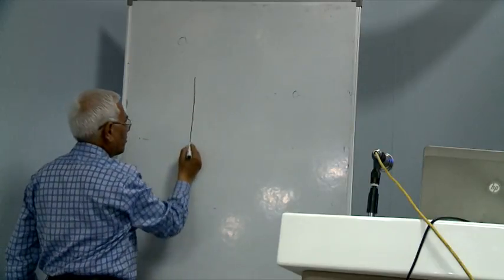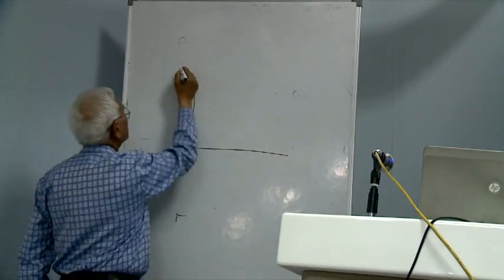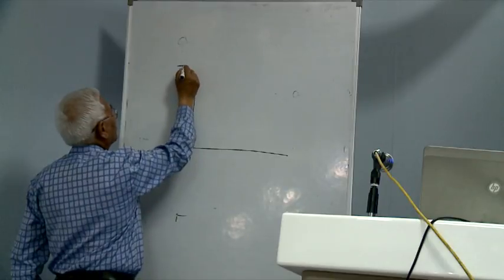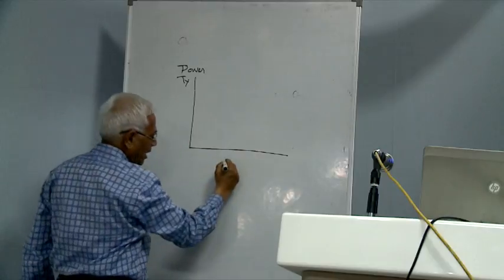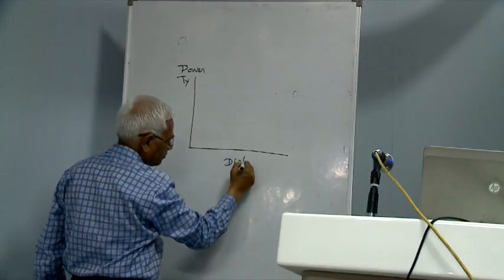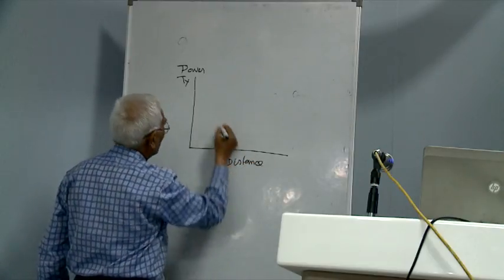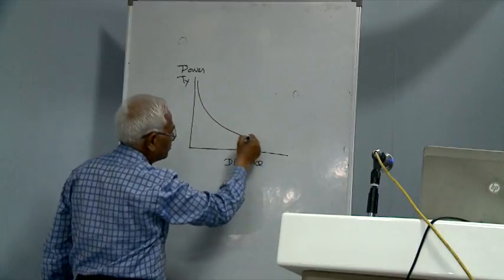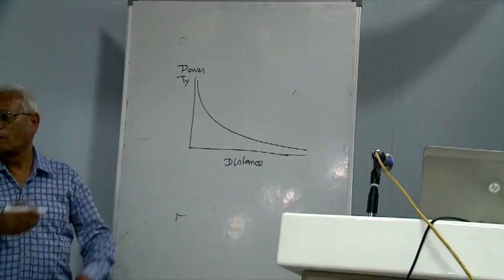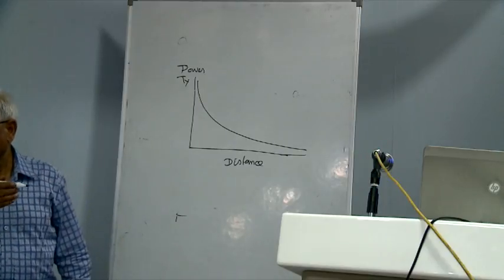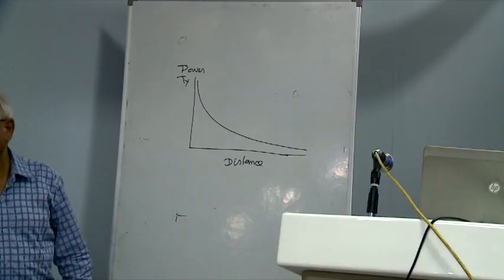If you plot a curve between the transmitting power and the distance, the signal strength decreases as you go away from the transmitter.